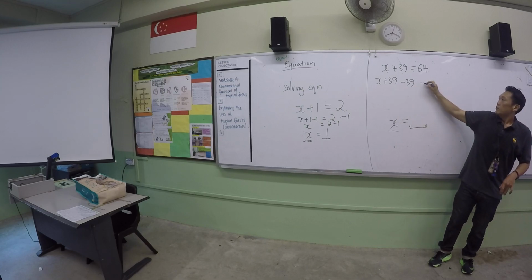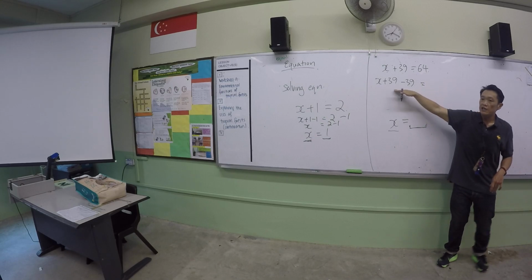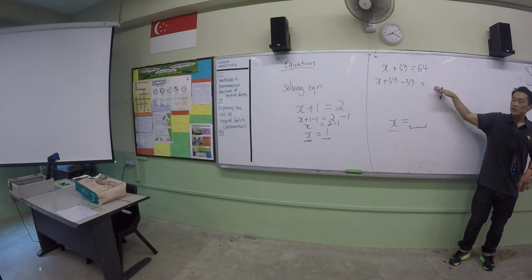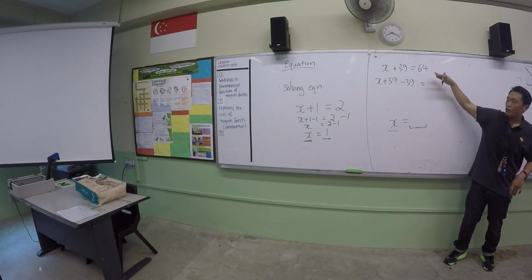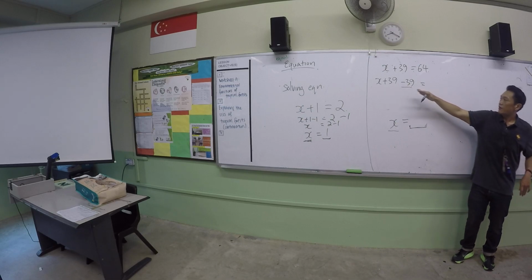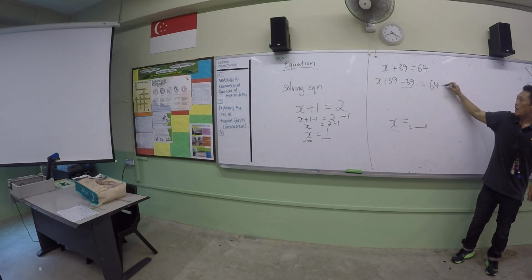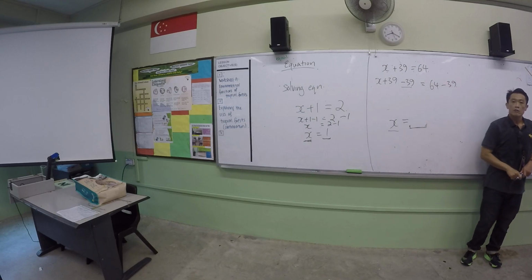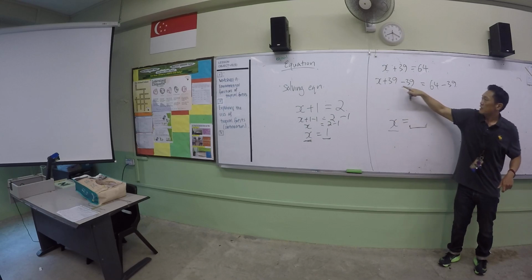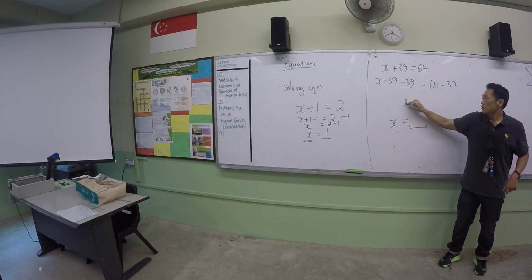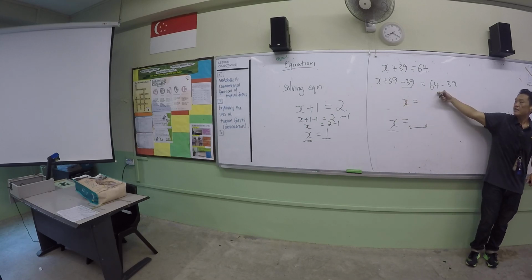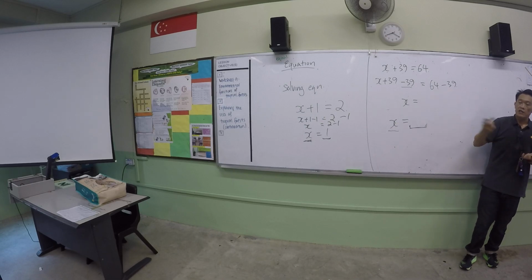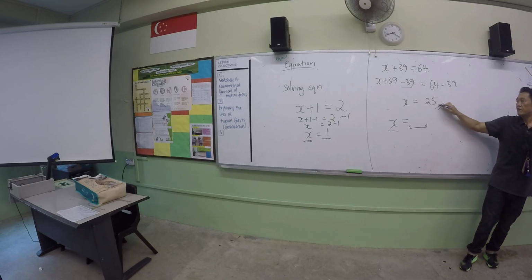Okay? So, because this is an equation, I am writing another equivalent equation that is also correct. I want to minus 39 on the left, which means on the right, I must also minus 39. Then x plus 39 minus 39 becomes x plus 0. So x is equal to, the left hand side I am only left with x already. Right hand side 64 minus 39, in calculator, 25.